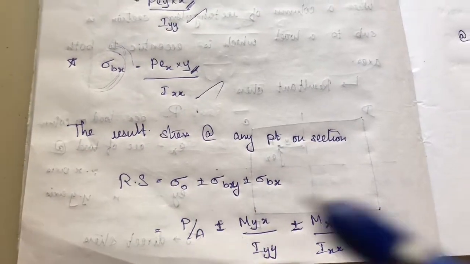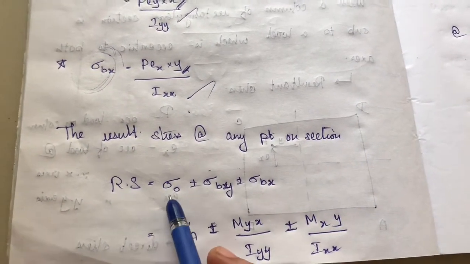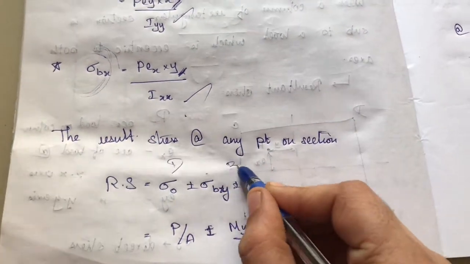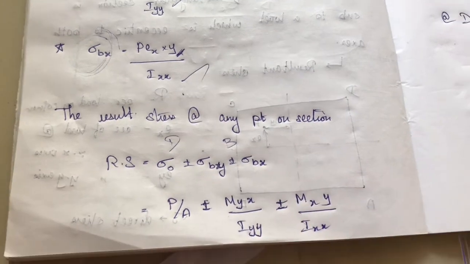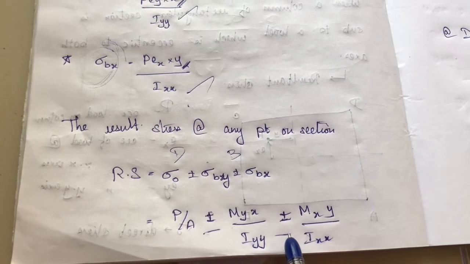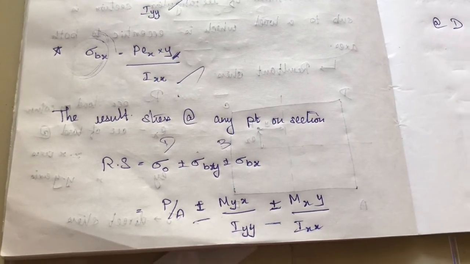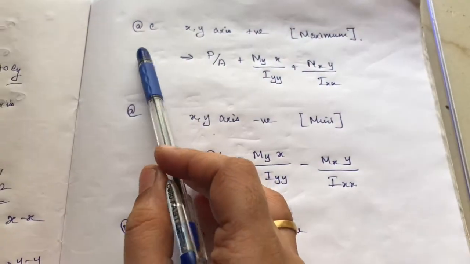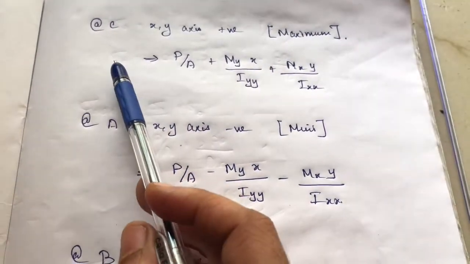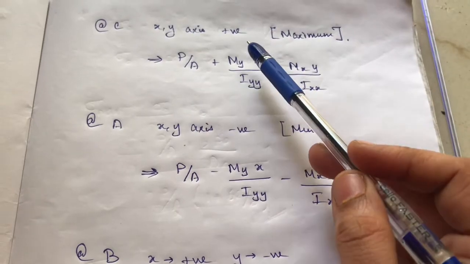Okay, so the resultant stress at any point on the section will be sigma naught, this is direct stress, and this is bending stress accordingly for y and x. Okay, just substitute it. But here it will be plus or minus. It will depend on the points. Okay, let me show you that. So the point C, point A, point B, point D. There are 4 points, right? So let's first see the point C. XY axis plus.